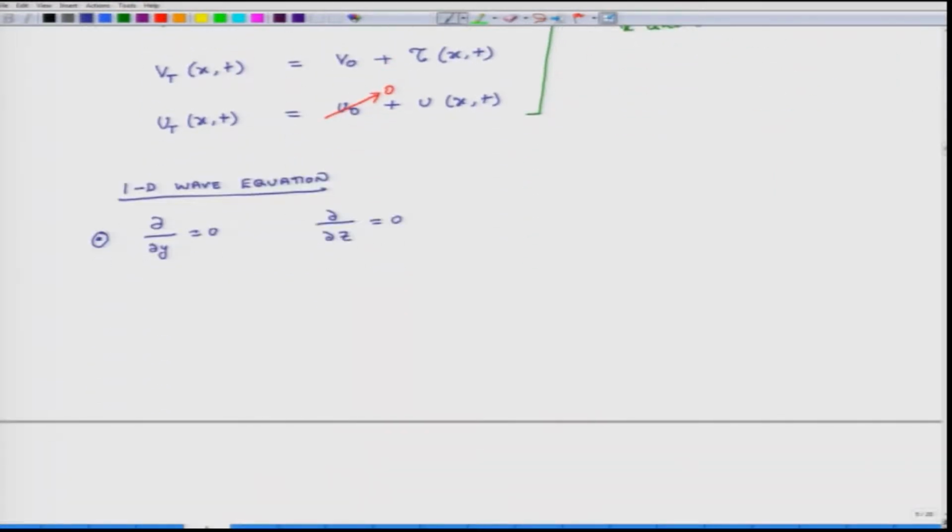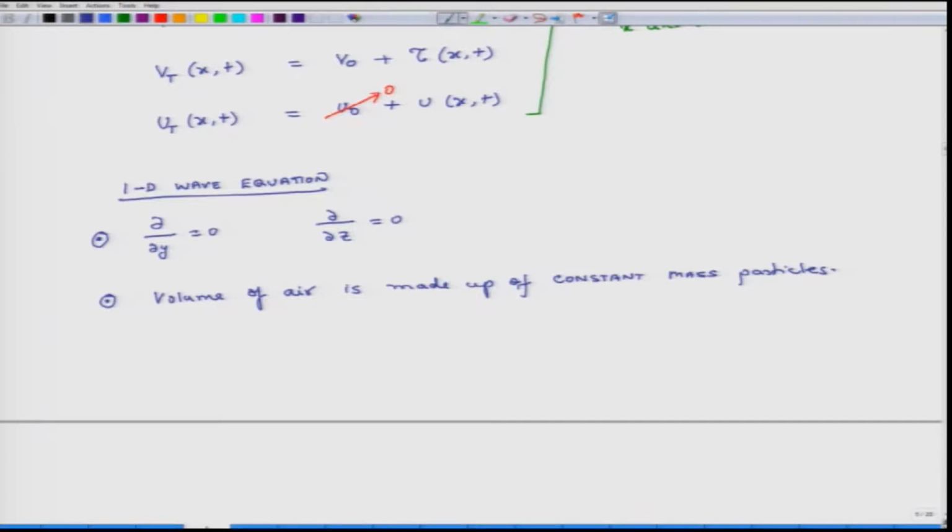The second assumption we are going to make is that the volume of air, and this is an important assumption, is made up of constant mass particles.